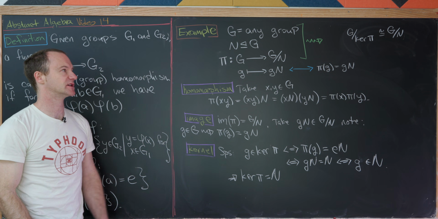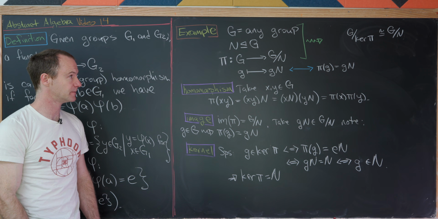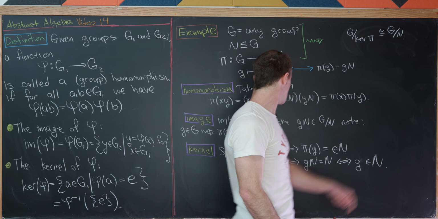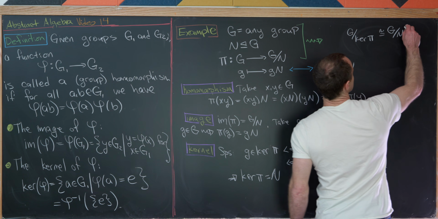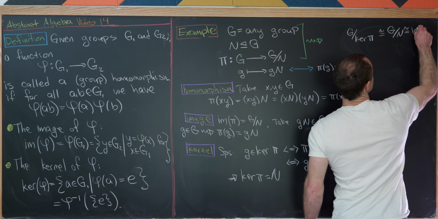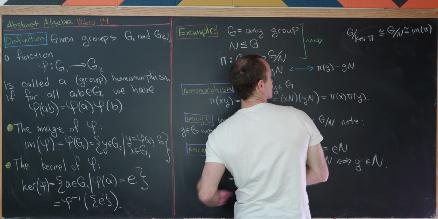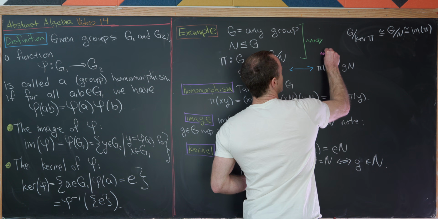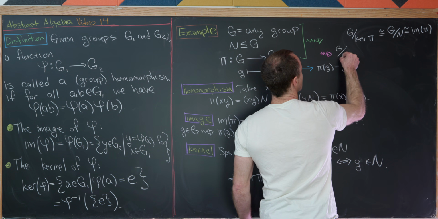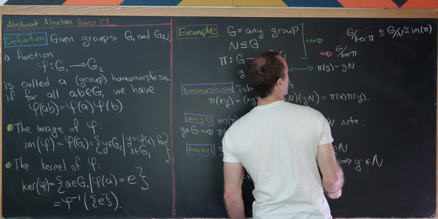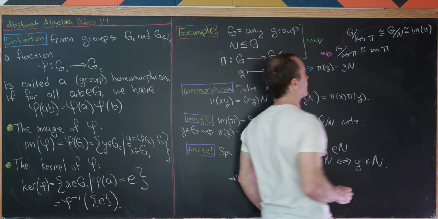So we might as well say isomorphic here just to look towards a more general case. But let's notice that G mod N is equal to the image of pi. So we could extend this out to the image of pi. And then we could rewrite this a little bit, maybe killing what's happening in the middle, and we'll see that G mod the kernel of a homomorphism is isomorphic to the image of that homomorphism.